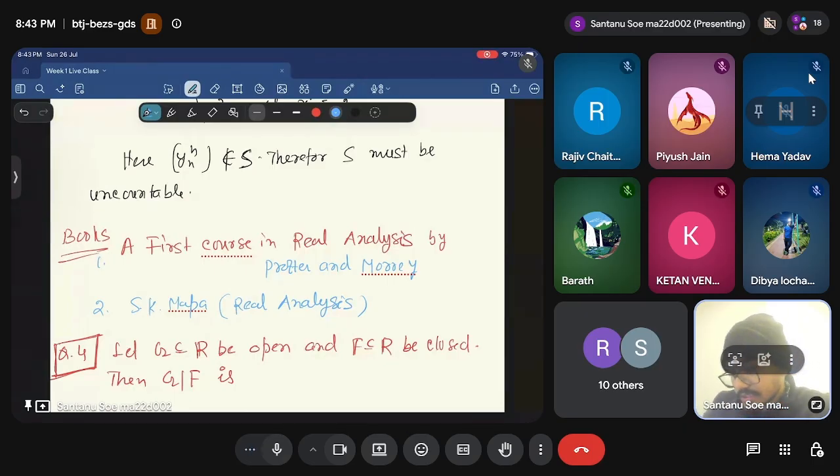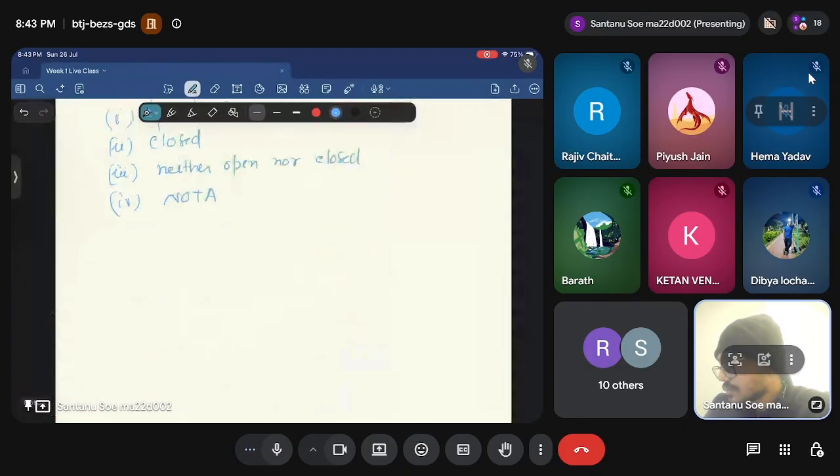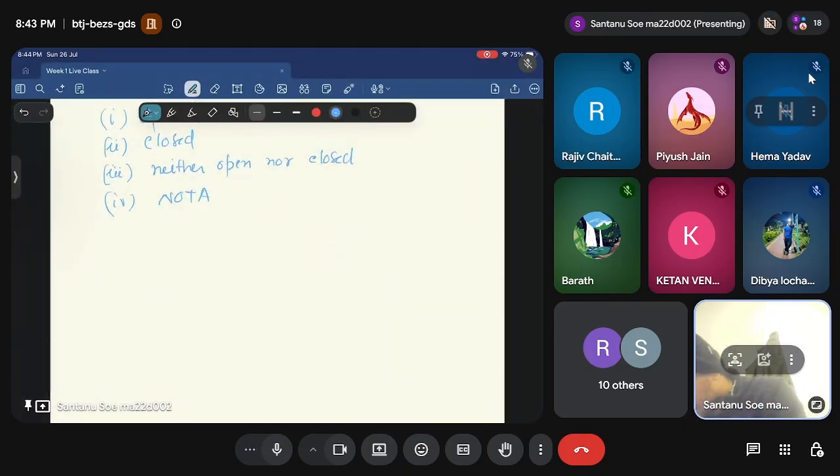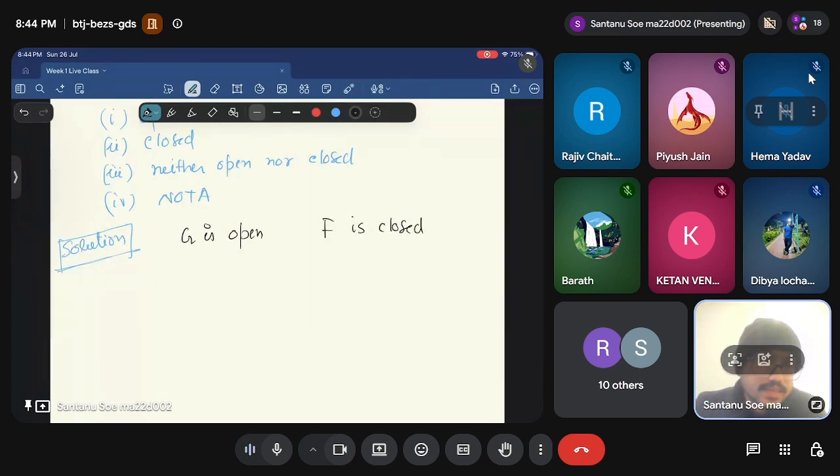So here G is open, F is closed. They are asking about G minus F. So what is G minus F?